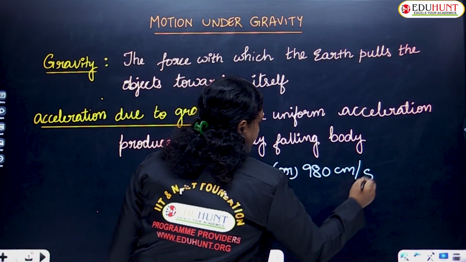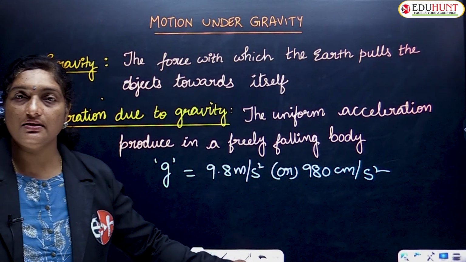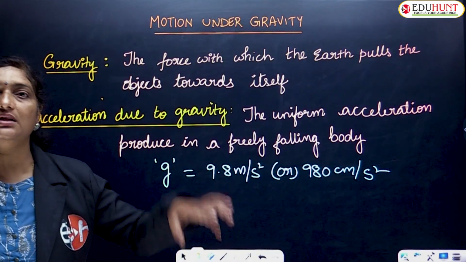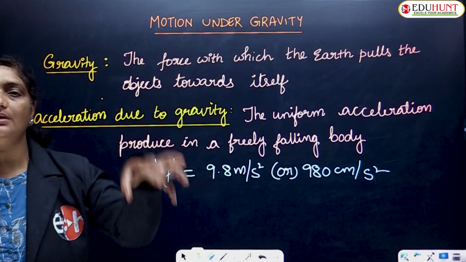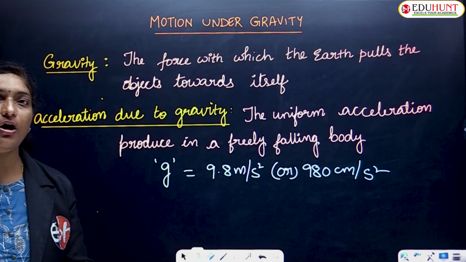And the case of a freely falling body. So these are the equations of motion under gravity. If we would like to consider the equations of motion under gravity for a freely falling body. So the third case.